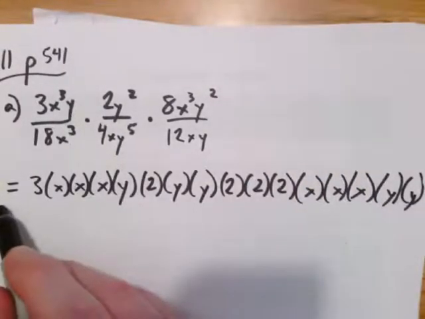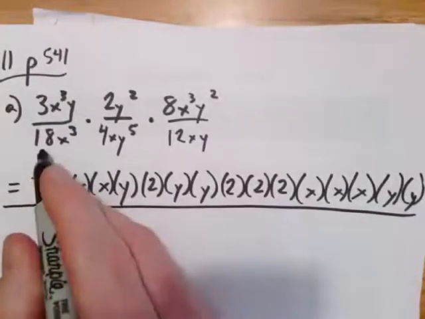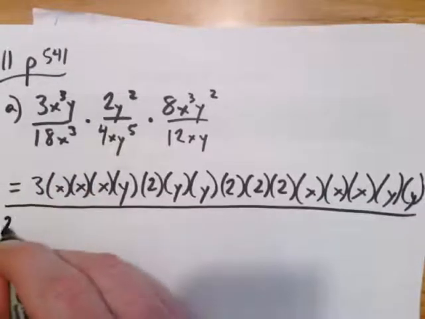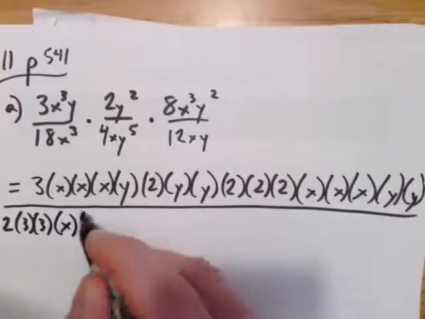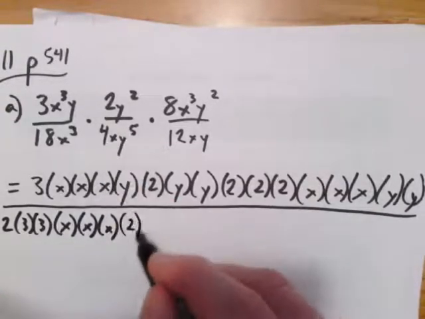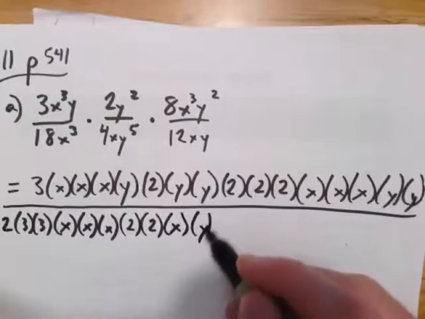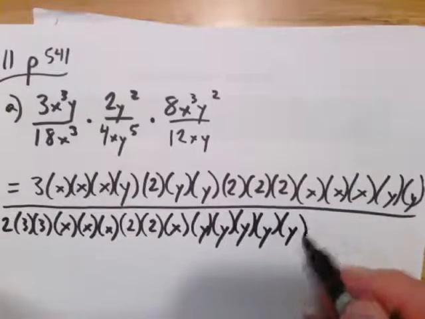The bottom: 18 is 2 times 3 times 3, because that's 2 times 9, and 9 is 3 times 3. 2 times 3 times 3, and there's 3 x's. 1, 2, 3. 4 is 2 times 2. 1x. 5 y's. 1, 2, 3, 4, 5. 12.